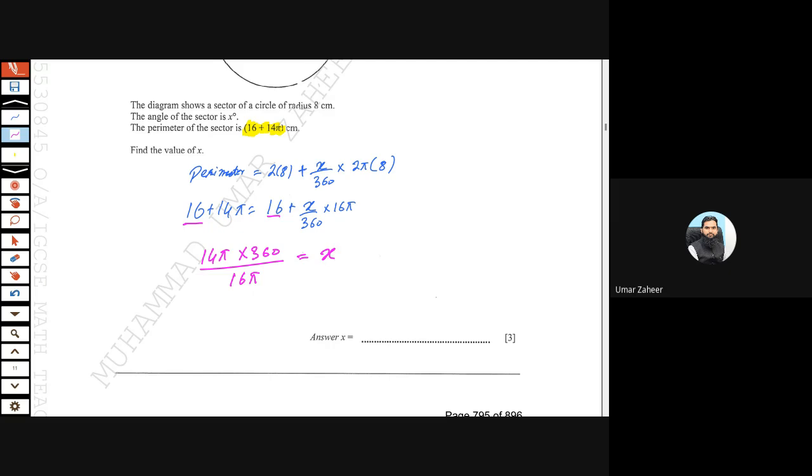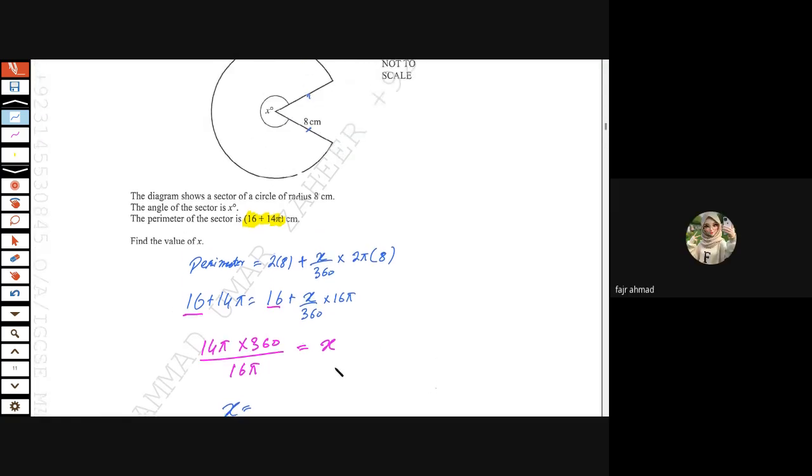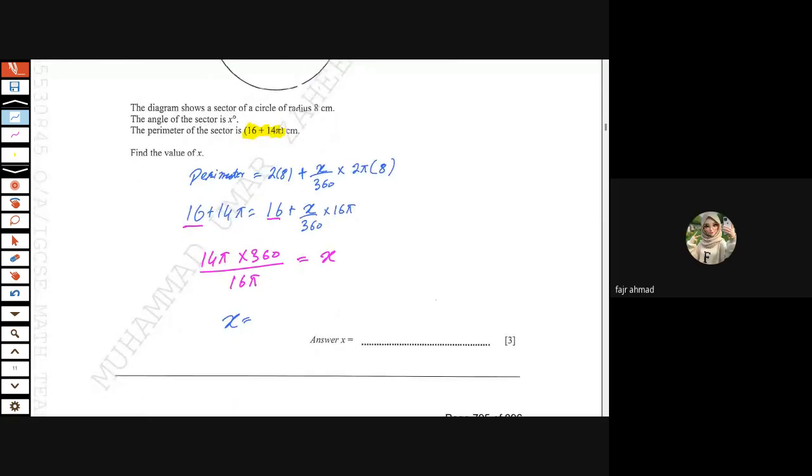First of all, I cancel out the 16. 360 is dividing, so it becomes multiplied, and 16 pi is multiplied, so it becomes divided here. Please find the final answer of x. 315.